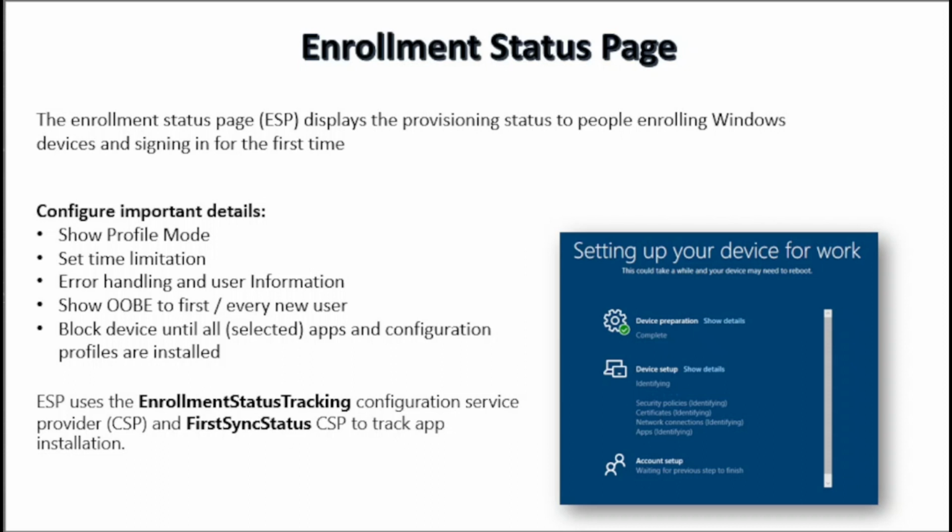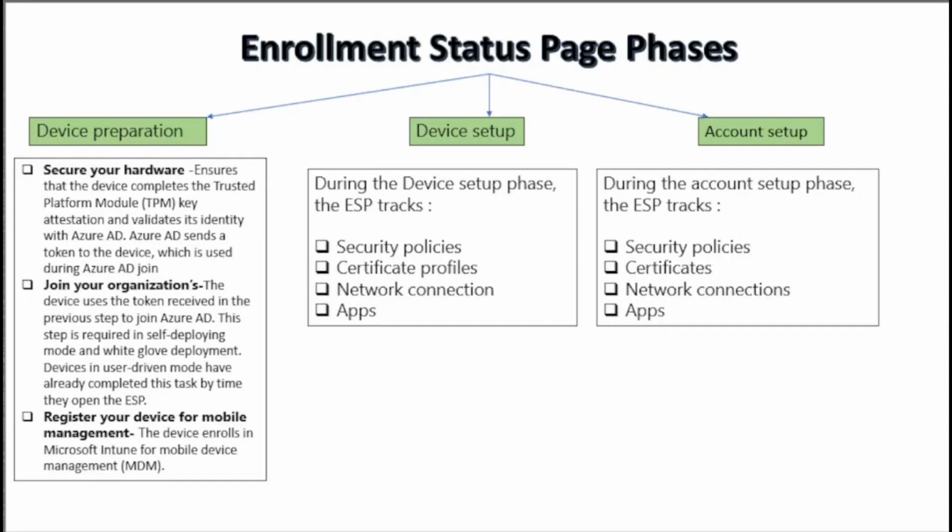The ESP uses the enrollment status tracking configuration service provider, also known as CSP, and the first sync status CSP to track the application installation. There are three phases in the enrollment status page: device preparation, device setup, and account setup.